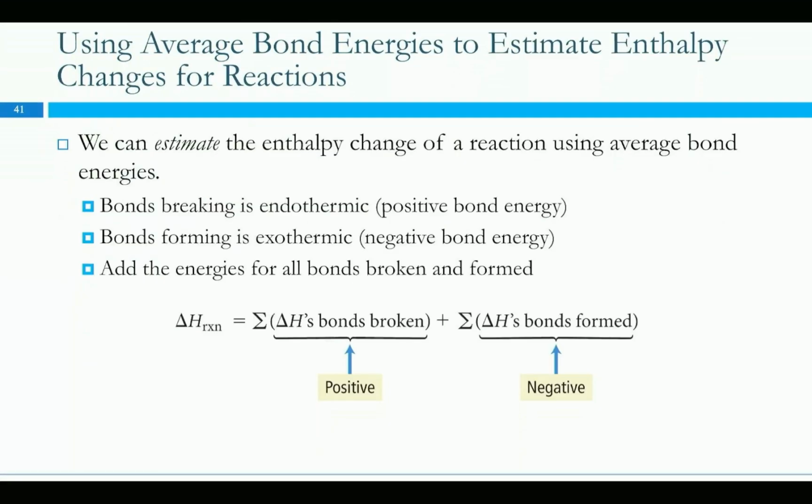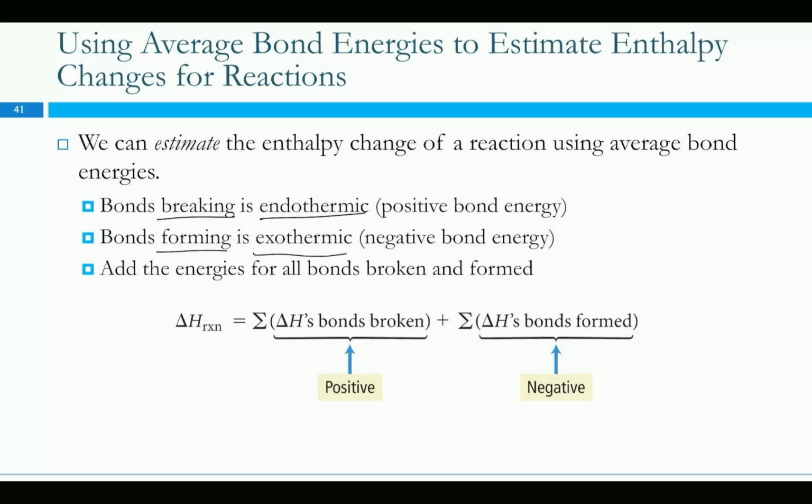We can add all of those together to estimate the enthalpy of a reaction. It's always going to be bonds breaking, bonds forming. The bonds breaking are always going to be endothermic. I always have to put energy in to break bonds. And when I form new bonds, that's always going to be exothermic.